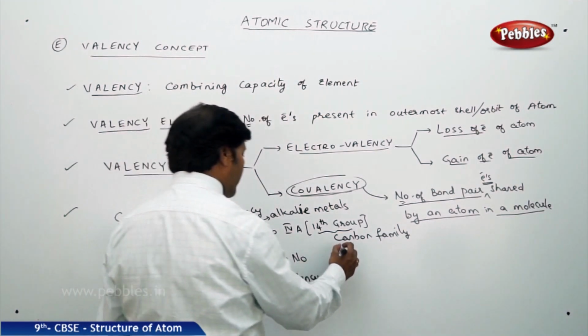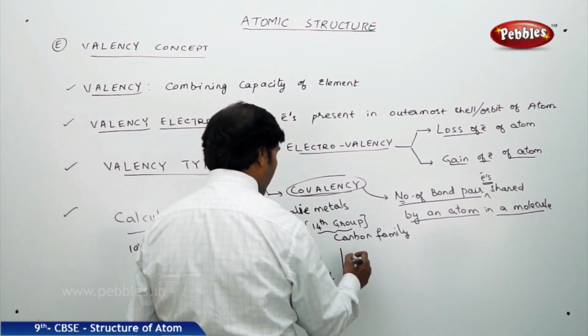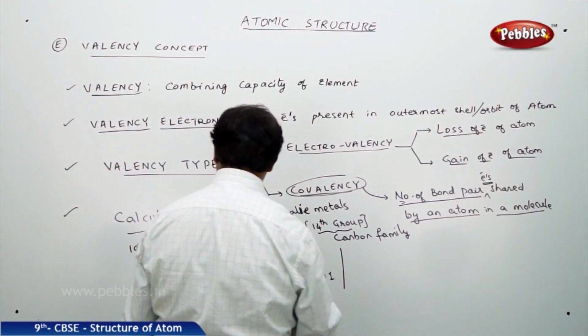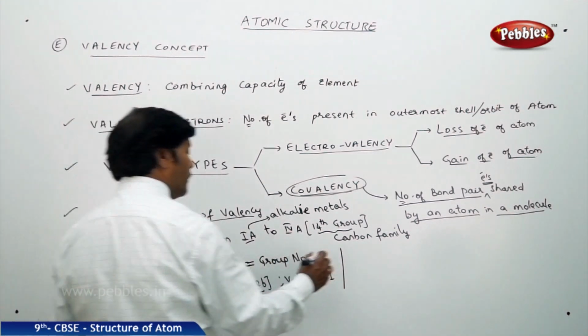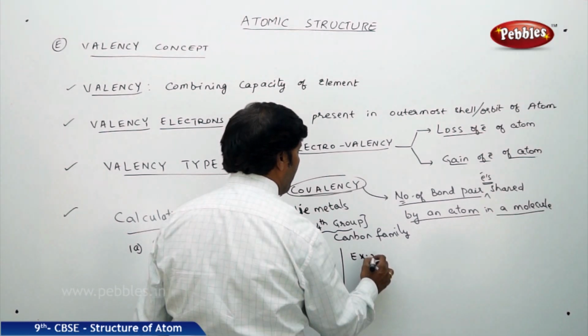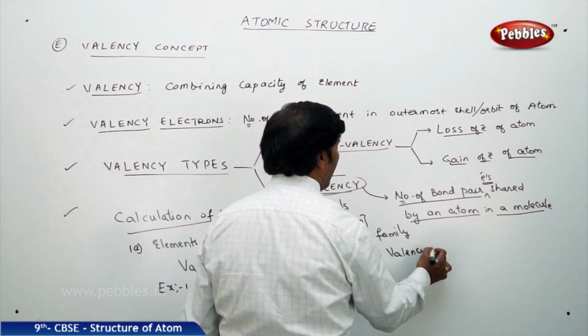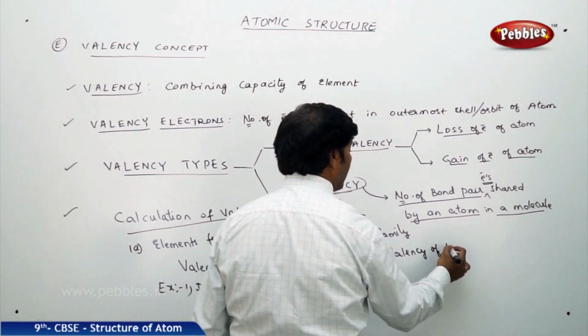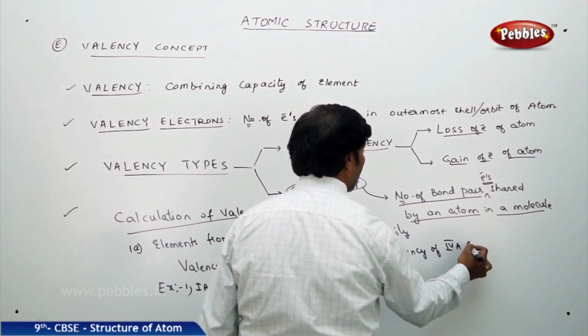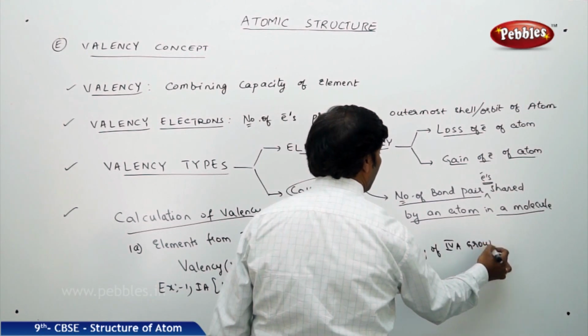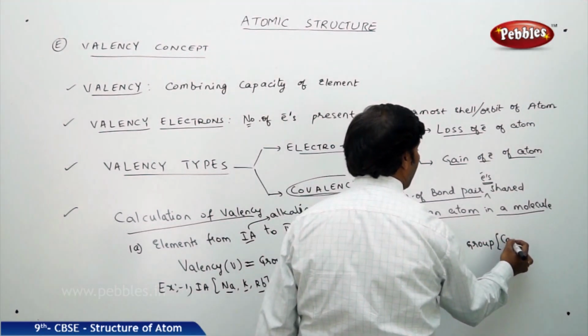Now example 2: what is the valency of the 4A group? The 4A group is the carbon family.